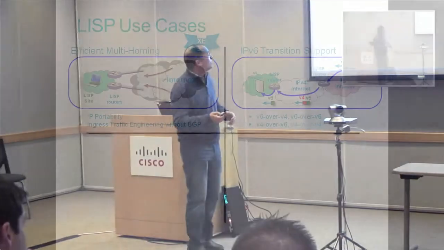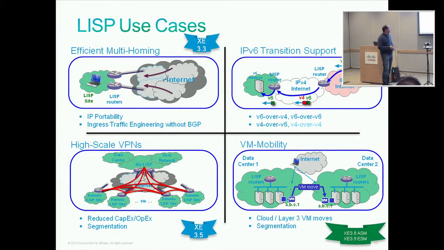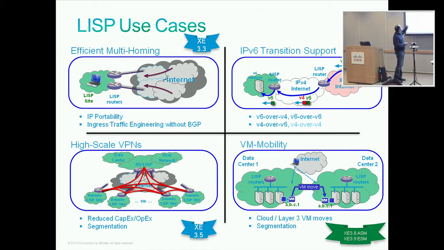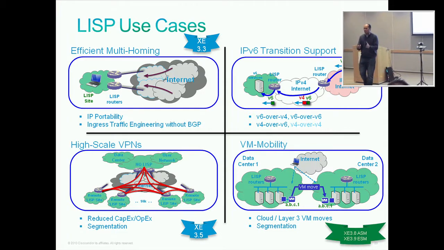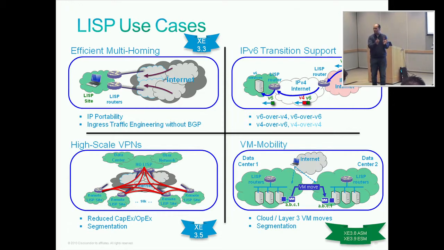The use cases that we support on ASR 1000 are 4 use cases. The first one is multi-homing, and I'm going to talk about it in the next slide a little bit more. But basically, if you think about multi-homing, it is like mobility. You are moving your machine from one service provider to another service provider, because you have 2 connections to 2 different service providers.